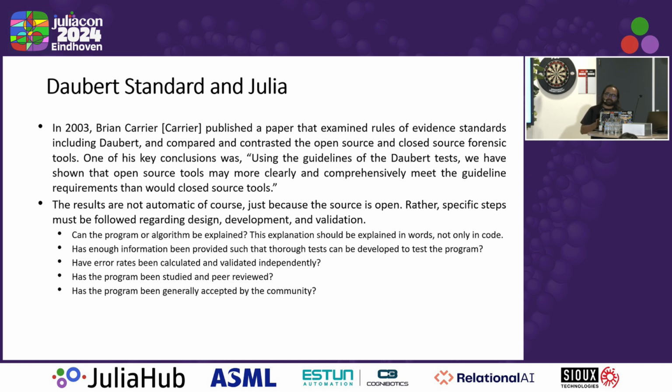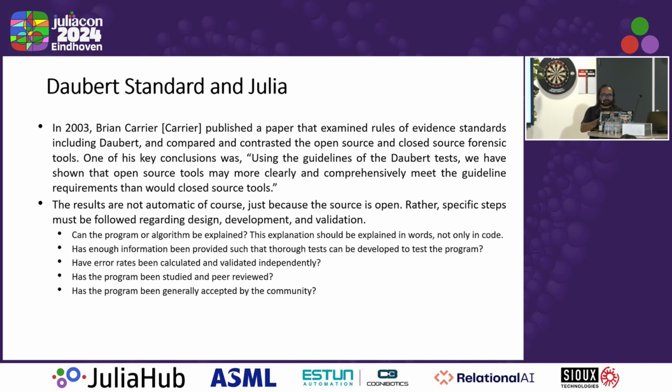If there is a closed source tool, how are you going to perform peer review? Peer review will be within the company, but that is not an acceptable factor. But if you consider any open source software, peer review will be by the community. So there may be multiple companies involved, and it creates more trust.